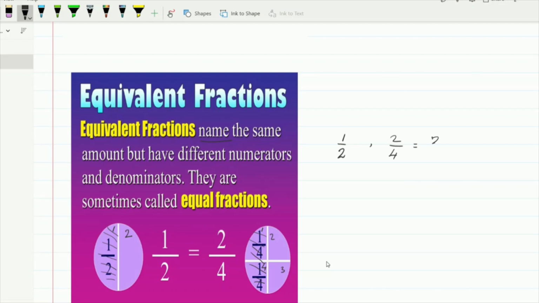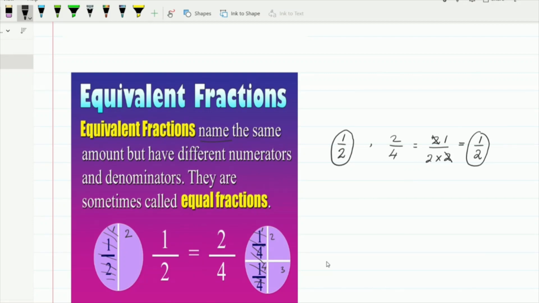So 2 we can write as it is, and 4 we can write as 2 into 2. So from the numerator and denominator, 2 I can cancel, and in the numerator no numbers are left out. It means 1 is there. Therefore the value of the fraction is what? 1 by 2. So the first fraction is 1 by 2. With the second fraction 2 by 4 we have taken, we got the simplest form, that is 1 by 2. Therefore we are having equal.